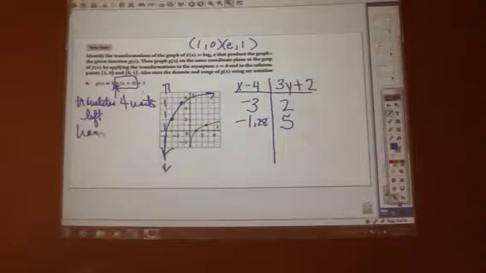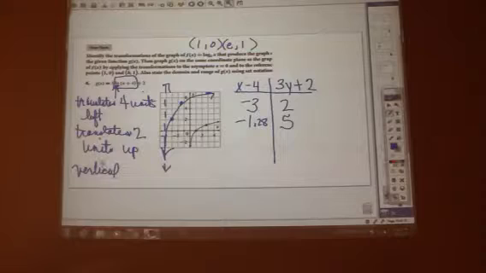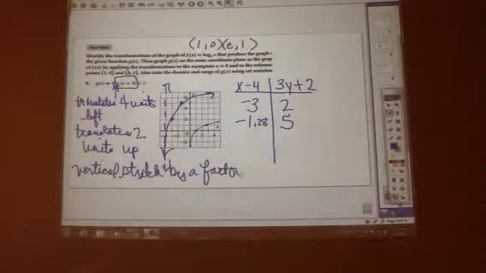It translates, because of the k over here, 2 units up. And it has a vertical stretch by a factor of 3.